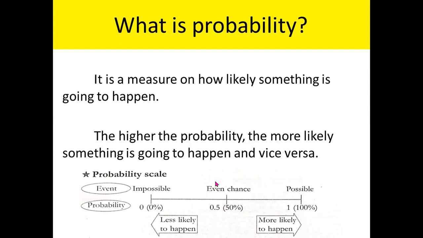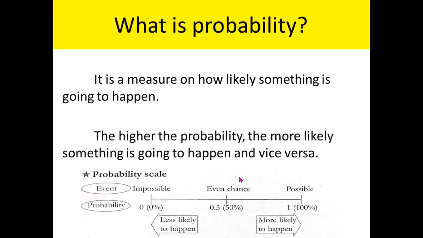What is the percentage? Is it 0%, 50%, or 100% to happen? Yes? 0%, or impossible, because we know that the sun will not rise in the west.